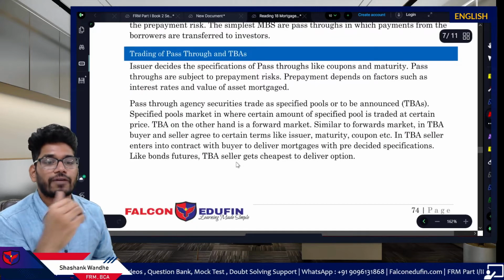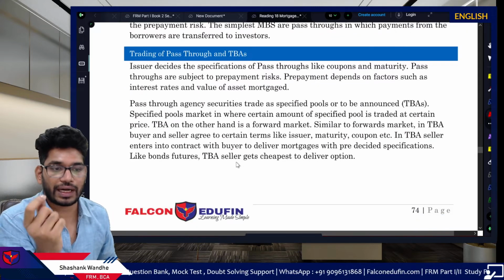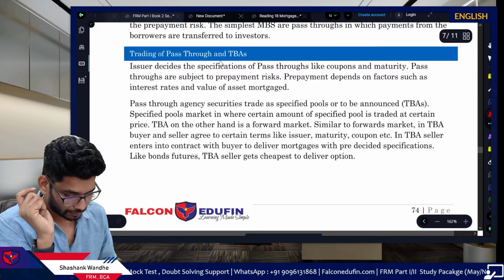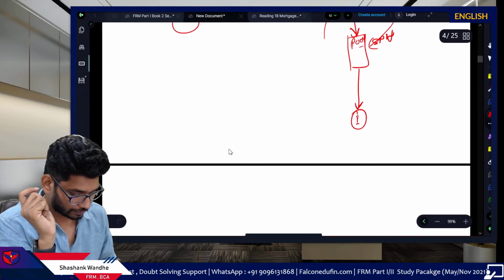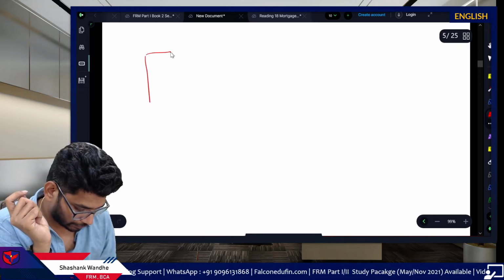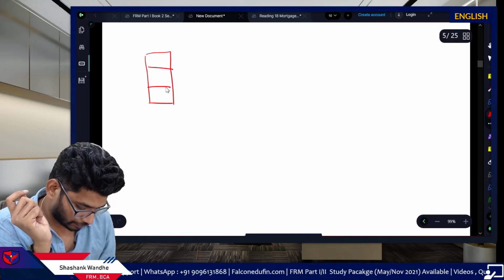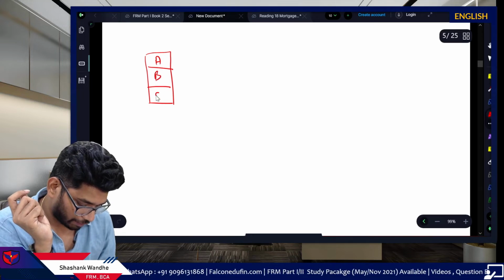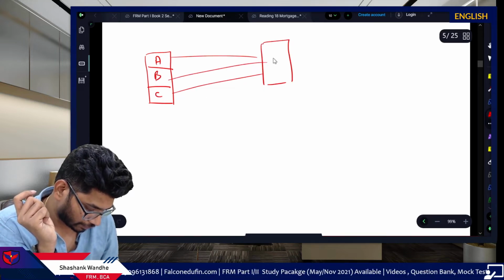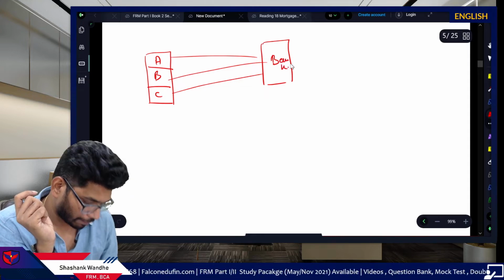Okay, now we have a very important discussion, which is the trading of pass-through and TBA. Borrowers A, B, C. Bank.